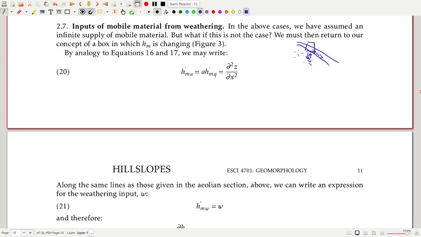In this case, we can't do that quite so easily, so we're going to talk instead about the H, this thickness of the mobile material, and that this thickness of mobile material is changing over time.